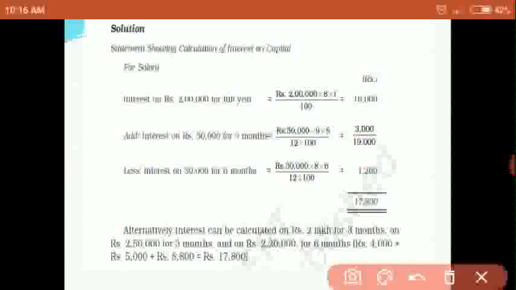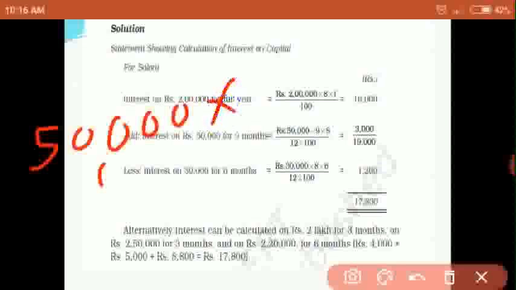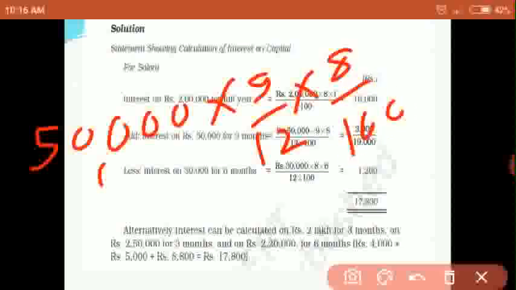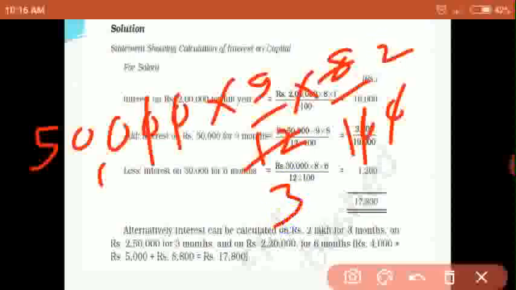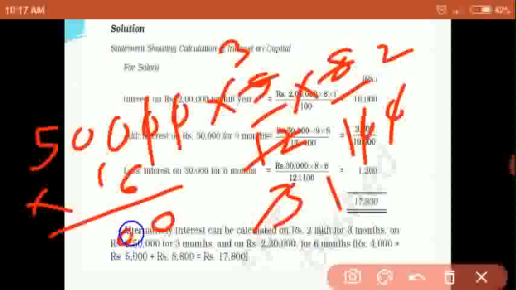So you have to write here: 50,000 into 9 months into the rate of interest, 8 upon 100. Zeros cancel, 4 2s are 8, 4 3s are 12, 3 1s are 3, 3 2s are 6, 6 into 500, 6 5s are 30, that is 3,000 rupees.